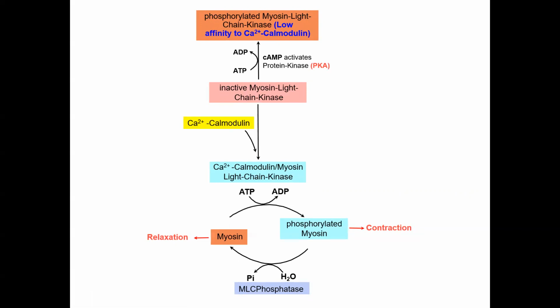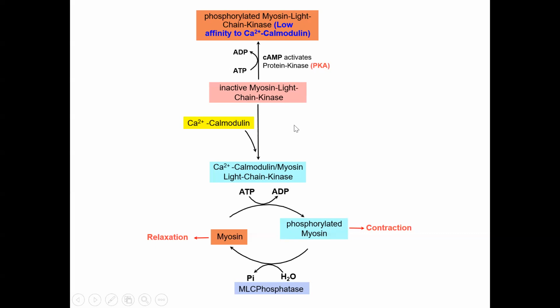If it has less affinity for calcium-calmodulin, then its activation would be less, the phosphorylation here would be less, and the muscle contraction would be less. So there are two pathways to regulate the activity of MLCK, and by that, the force of the muscle. One, through calcium, increase or decrease. And the second is through phosphorylation of MLCK by the cyclic AMP pathway.